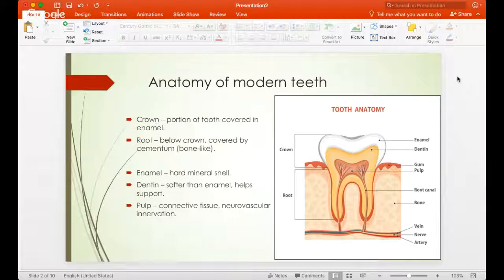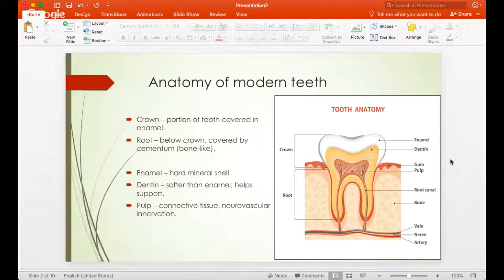One of the ways that we've seen through evolution that this has been counteracted is this secondary layer here, the dentin. It's much softer and actually helps support the enamel from breaking and cracking whenever we use it. And then finally, right in here, this pinky red center is the pulp.